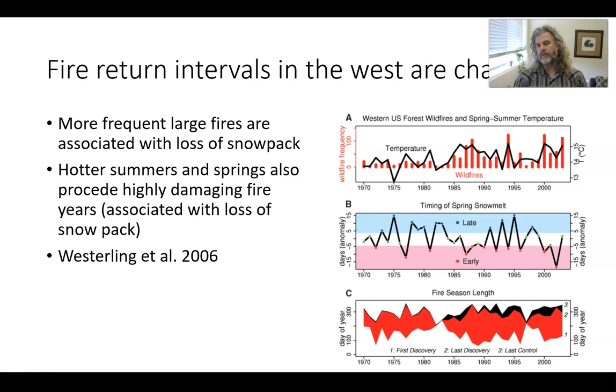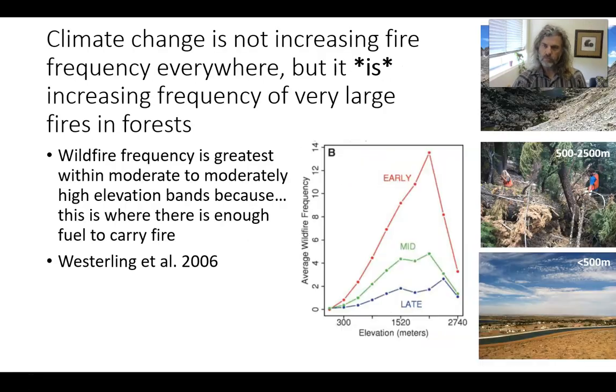All of those things come together when you have an early melt of the snowpack, and when the temperatures are hot, you're more likely to have these kinds of damaging fires. So climate change is not increasing fire frequency everywhere, but it is increasing the frequency of very large fires in forests. Again, don't take my word for it.